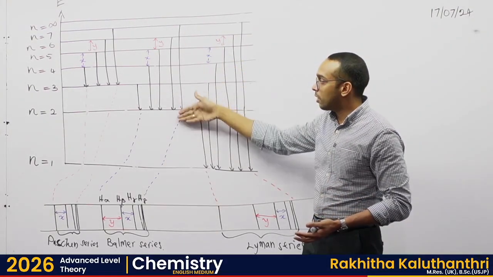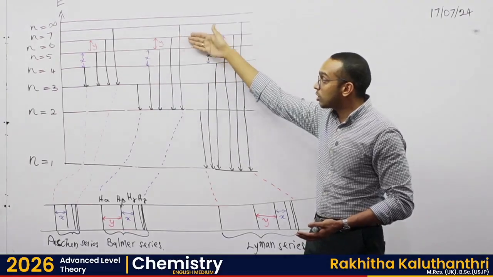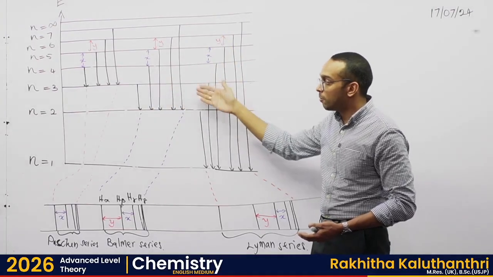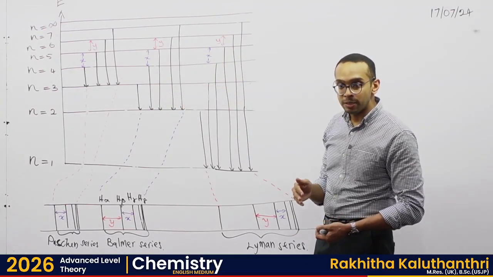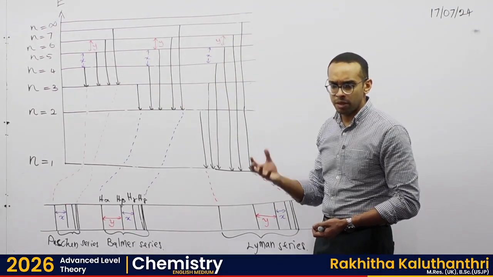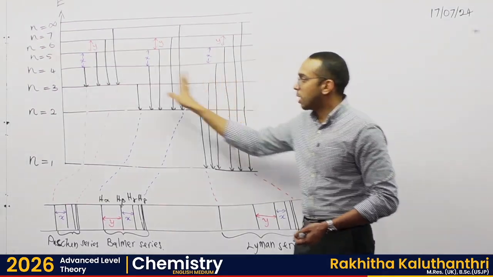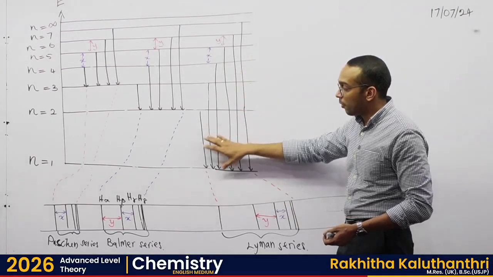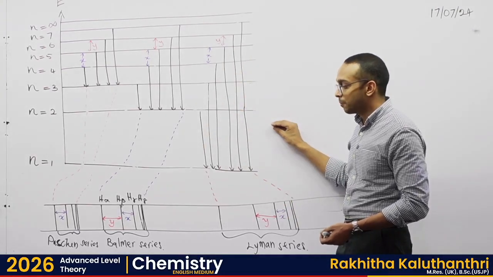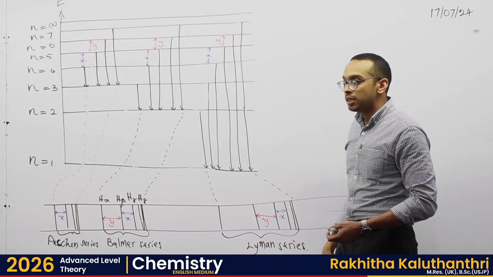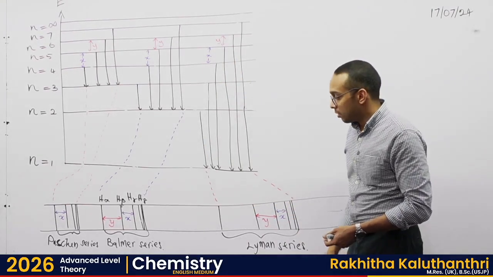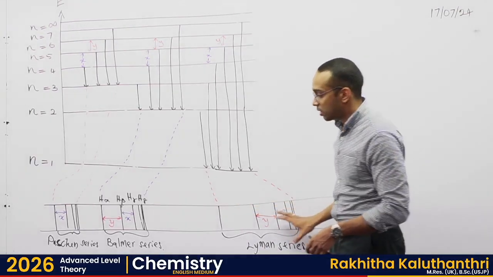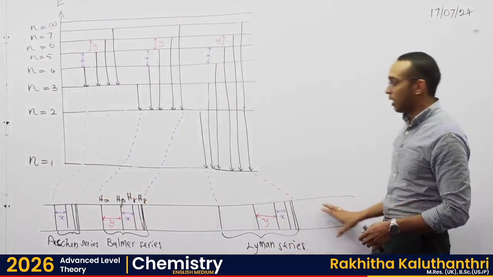So based on the electrons transition from high energy levels to low energy levels, it releases different types of electromagnetic radiation with different wavelength values and frequency values. So some possible electron transitions are given here, and based on the energy that is released, we actually see different radiation listed down here as a frequency distribution, and this is referred to as the emission spectrum of hydrogen.